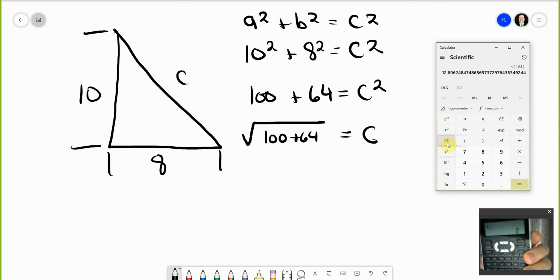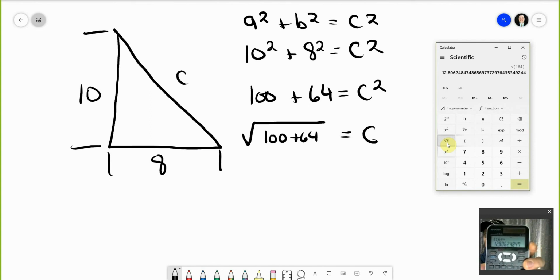So square root, and then type in 164 in your calculator like that, and then hit equals. So I noticed that it's the same as the one on my computer, right? Oops, I've got to move the opposite direction of what I want because I'm reversed.